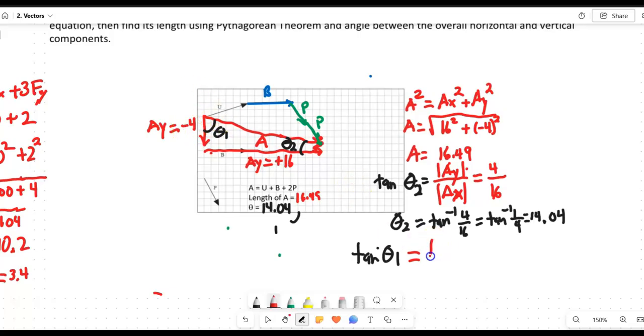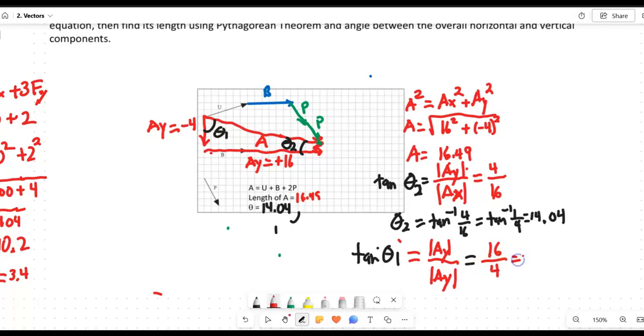So opposite of theta 1 is going to be the X component, 16, and -4 absolute value is 4.